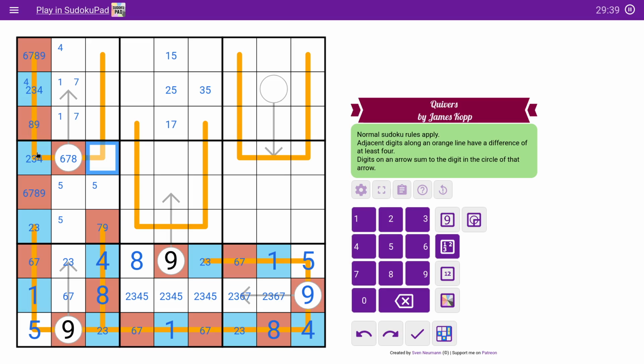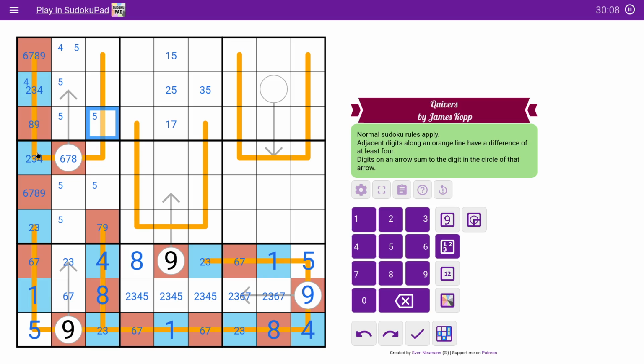No 5 here. 5 here would be 9, low, low, impossible. So no 5 here, no 5 here, maybe 5 here. So 5 is in one of these cells.